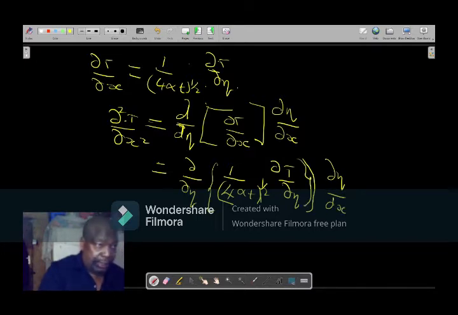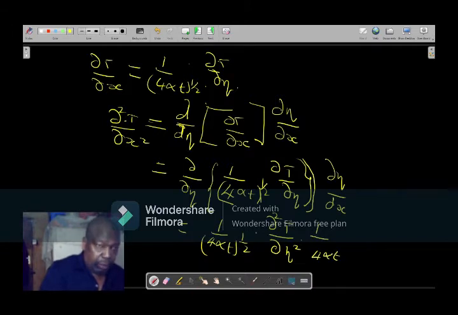So we can take the del eta inside there, so this is equal to 1 over (4 alpha t) to the power of a half, and then this becomes del squared T by del eta squared, and then del eta by del x, and we saw that this is equal to 1 over (4 alpha t) to the power of a half.